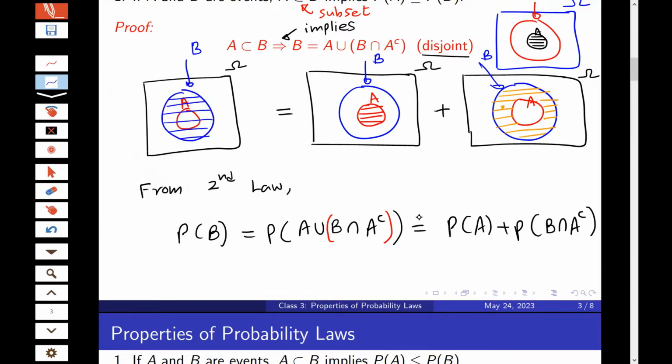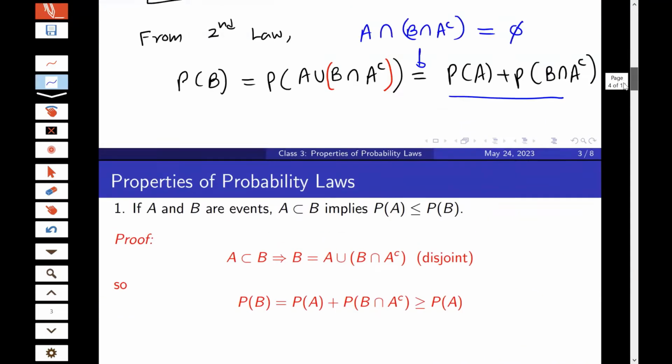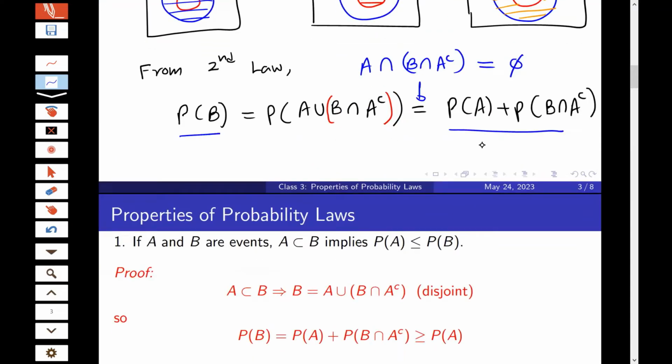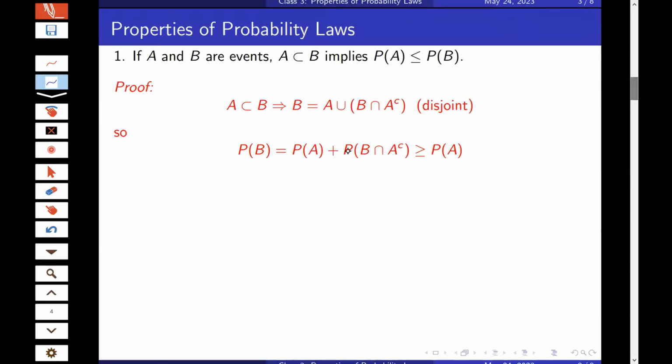Because A intersection with B intersection A complement is a null set, there's no intersection between the A event and the B intersection A complement event. So that's why we have this result. Now we have this step. I repeat, P(B) is equal to this one here.